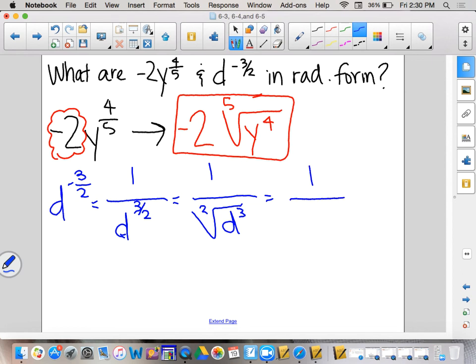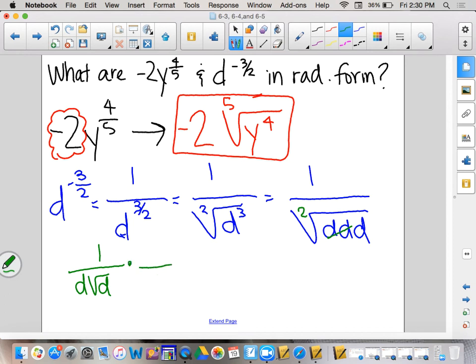Well, let's look at it and see. If this is my root, I know I can take 2 out. So it becomes 1 over d square root of d. Am I done? What do I have to do? Rationalize the denominator.